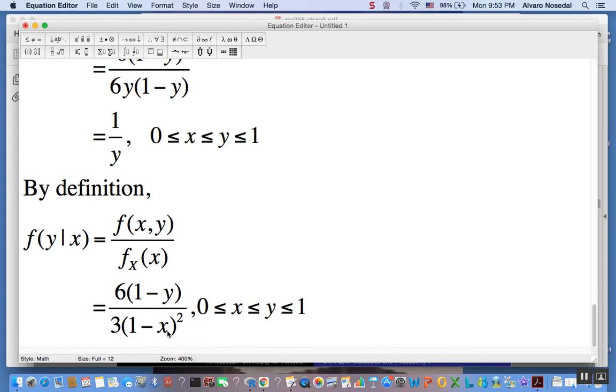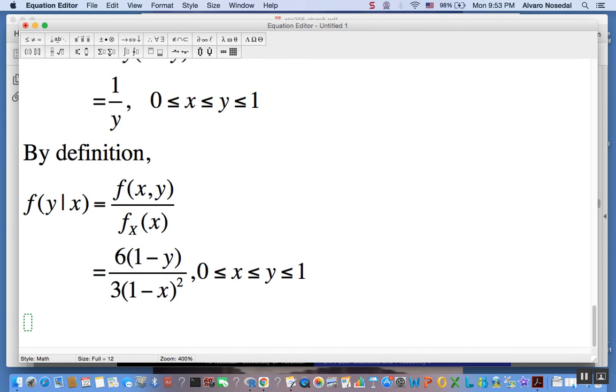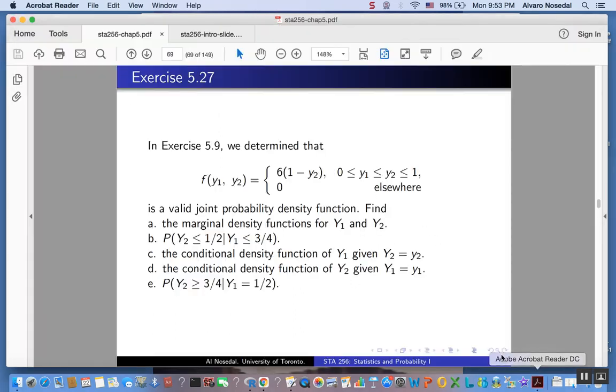Next, let's do the next part, because we're done with parts C and D. Let's do part E. Note that in this case, we have the probability that Y2 is greater or equal to 3/4 given that Y1 is equal to a particular value.